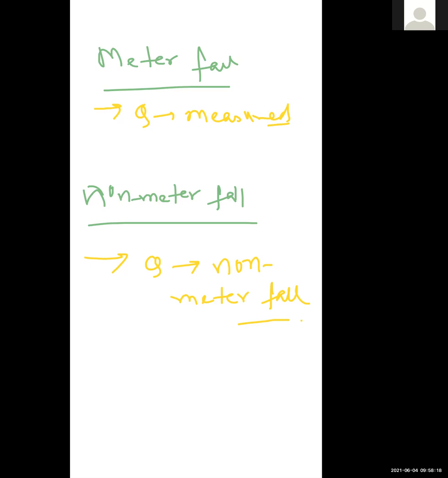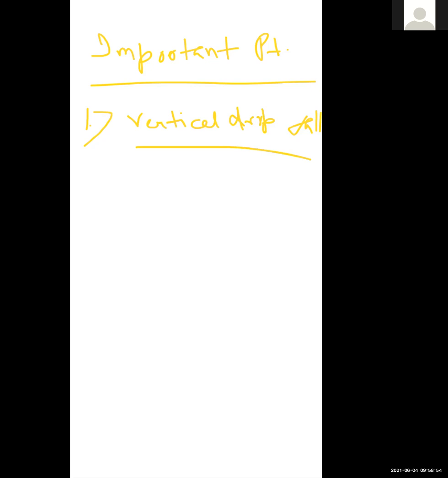Vertical drop falls are suitable for discharge up to 15 meter cube per second and drop up to 1.5 meter, meaning the height or depth should be up to 1.5 meter. Okay, this is about the vertical fall.